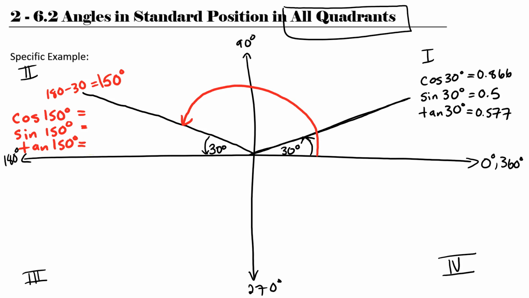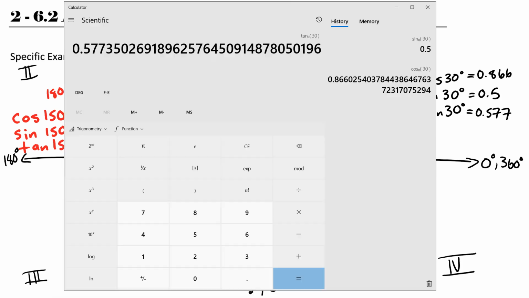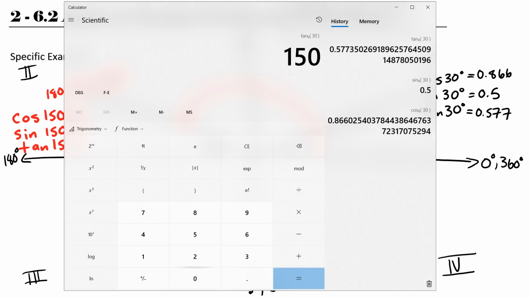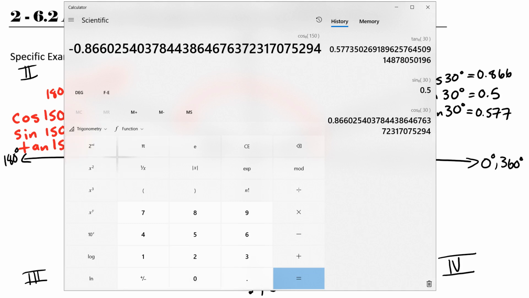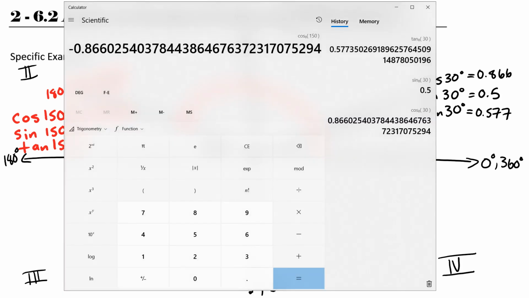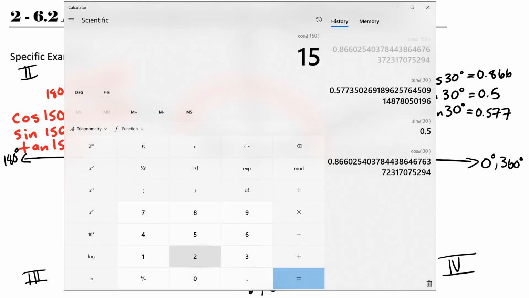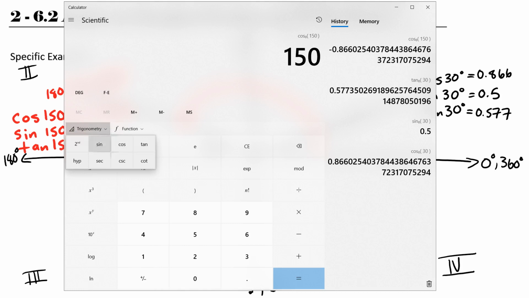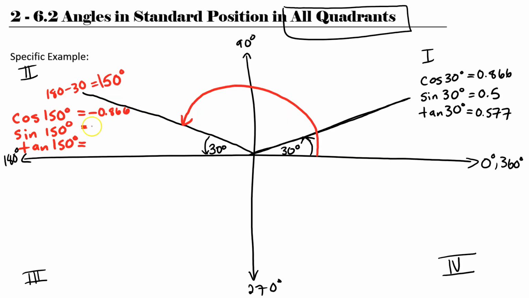The cosine of 150 is going to be interesting. Negative 0.866. Huh. And the sine of 150? Interesting, it's just positive 0.5.